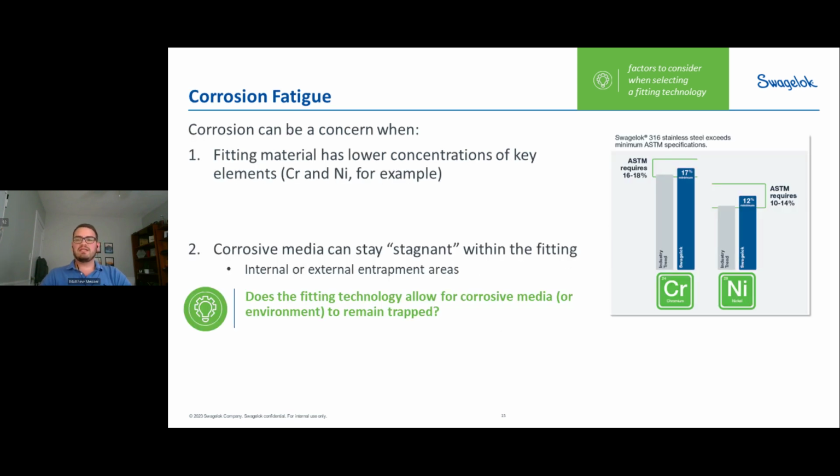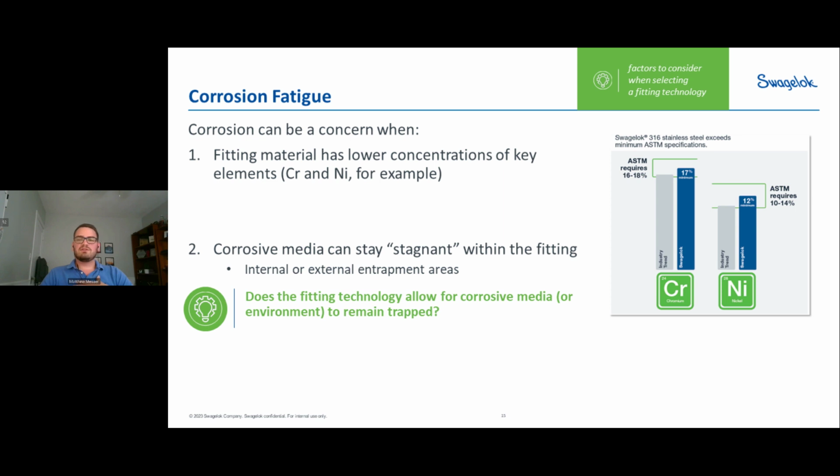Corrosion fatigue can be a major problem when you're looking at material compatibility in your systems, whether or not the material itself is of a weaker alloy. So for example, one of the things I'm most closely related to is Swagelok's 316 stainless steel.